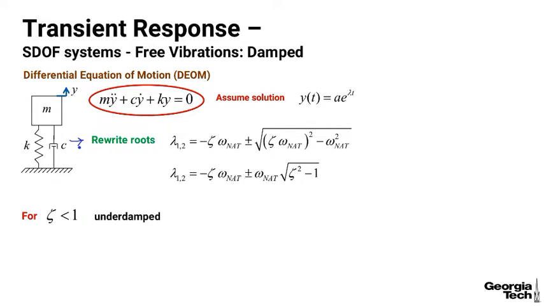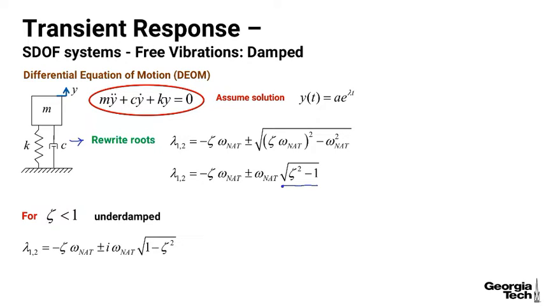And we said that for zeta less than 1, this is an underdamped system. What that means is zeta squared minus 1 is going to be a negative number underneath the square root. When I take the square root of that negative number, I'm going to get an imaginary value.